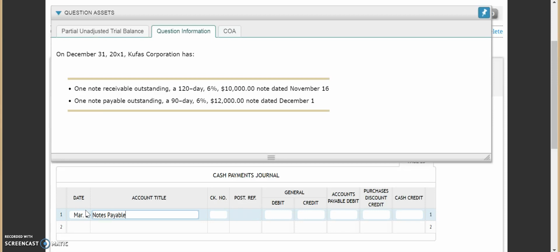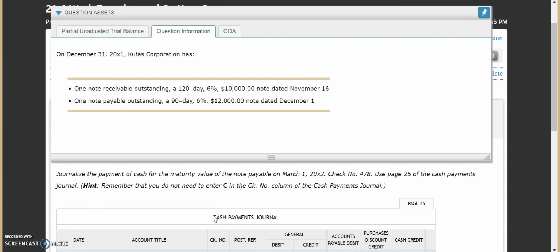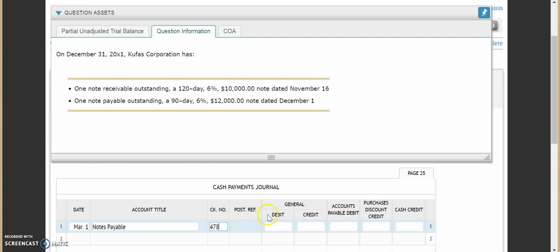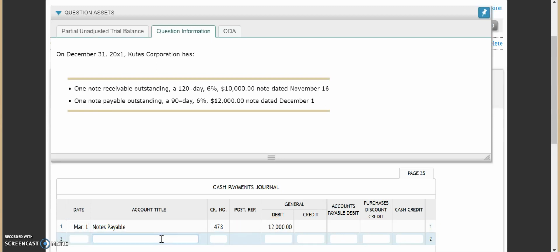This should be very similar to what we did during that chapter 19 of our debt financing unit. It's check number 478. Our note payable is getting debited for our face value. Remember, our face value is $12,000. And then our credit is going to interest expense.